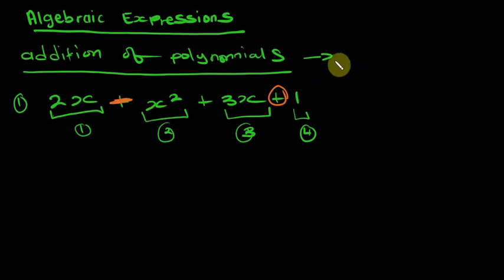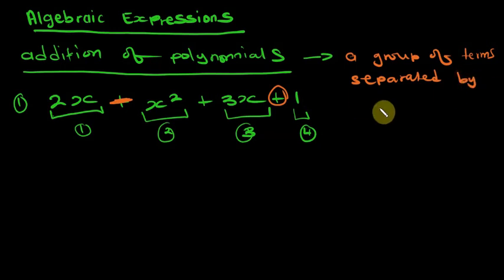So what is a polynomial? It's just a group of terms separated by addition or subtraction, or a mixture of the two, addition and subtraction, or both operations.